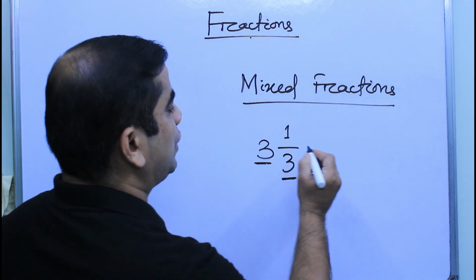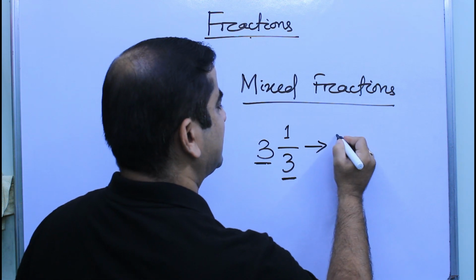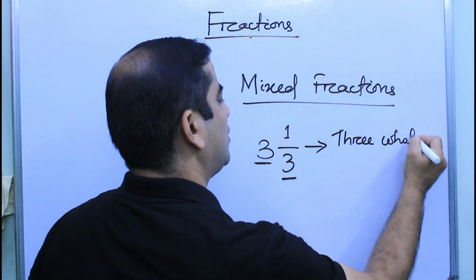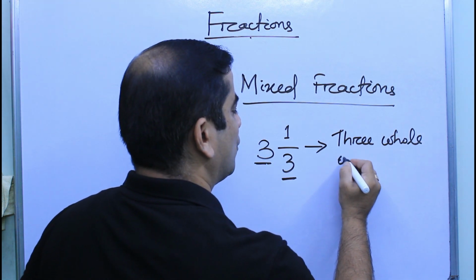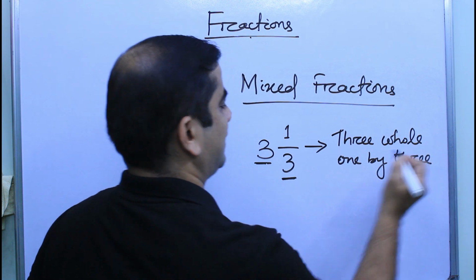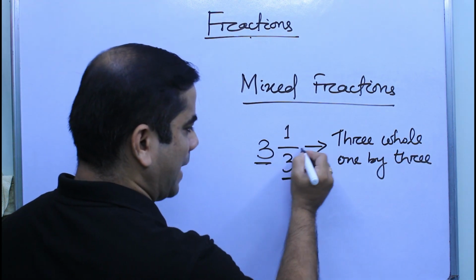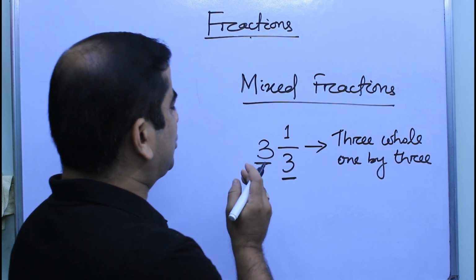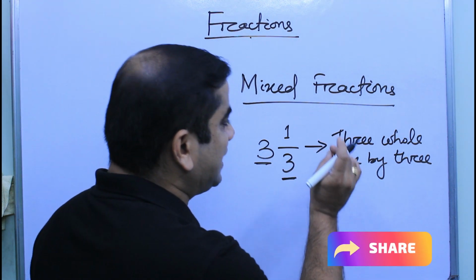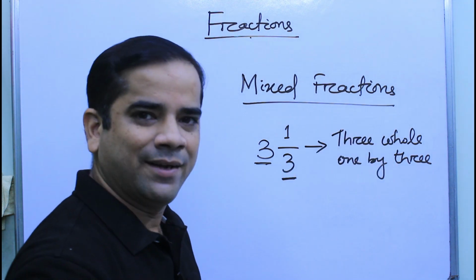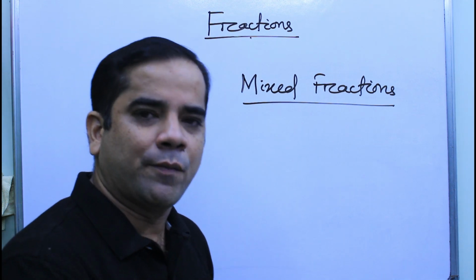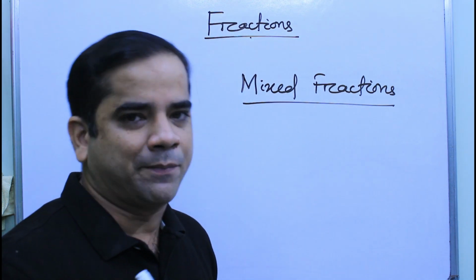So we should read it as 3 whole 1 by 3. So we should not read it as 3 1 by 3. We should read it as 3 whole 1 by 3. Hope you understand.